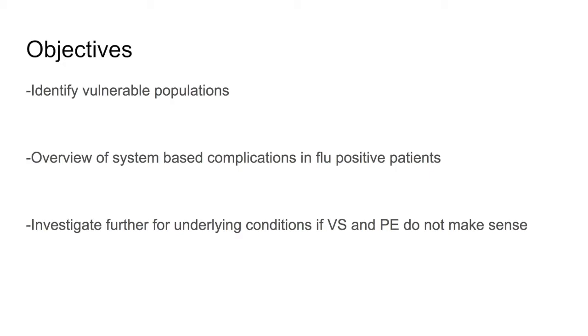And the third objective is to investigate further if there is an underlying condition, if the vitals and the physical exam don't really match how sick the patient looks. You have to look a little further and see if the patient has some type of immunocompromise or some type of disease going on at the same time.